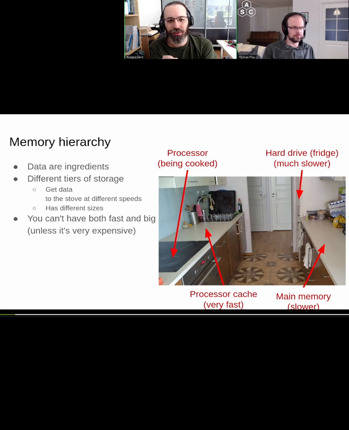But if you take it out of the fridge and put it on your counter close to the stove, then you can do your preparations a lot faster. And managing this sort of data flow is one of the big things on the cluster. Also on your own computer, but it's sort of too small to really notice.